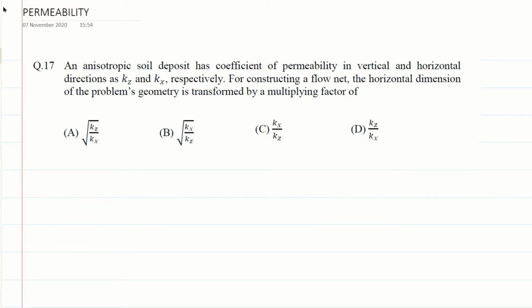So here we use a multiplying factor root of Kz by Kx when the permeability of the soil is different in horizontal and vertical direction so as to construct a flow net. So this is also again a direct question. The option is A.